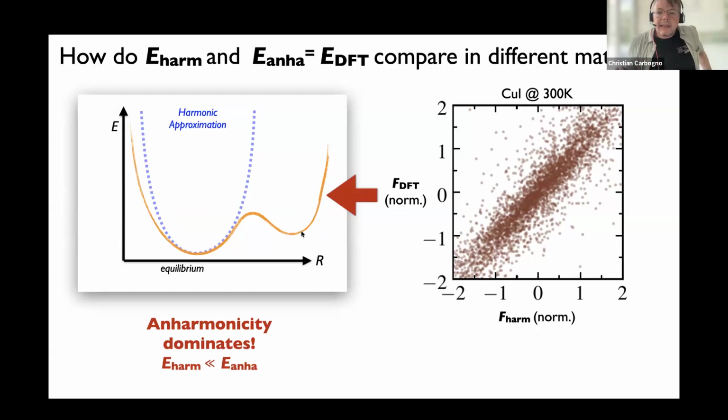And if you look at the dynamics a little bit more closely, you will discover that this point corresponds to a point in the dynamics where the system has explored a different minimum, and this one down here, for instance. And so the DFT forces point in one direction, while the harmonic forces point in the complete other direction. So this is such a system.